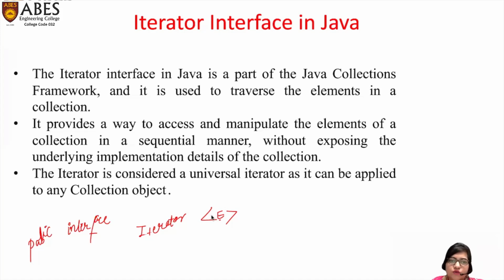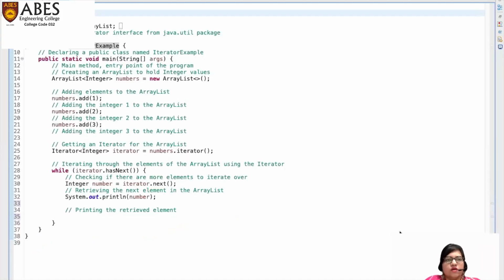Let's discuss code about the iterator interface in Java using ArrayList. Here, in the first line, package declaration. This line declares a package named unit4_CATL. Basically, packages are used to group related classes together. Then we have some import statements.